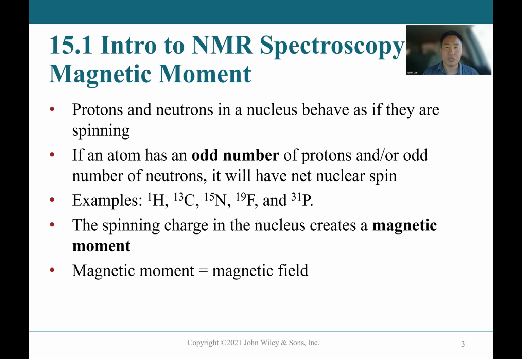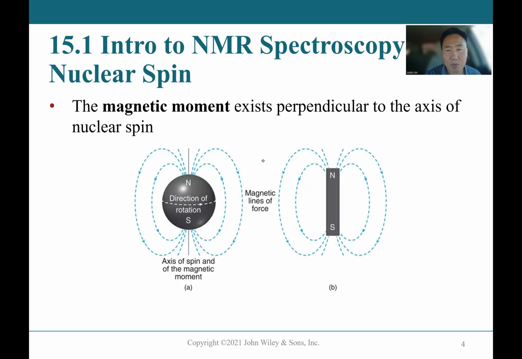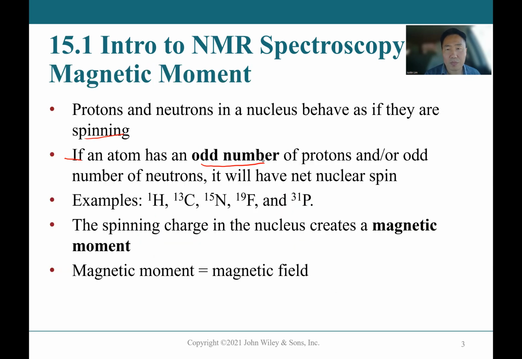Protons and neutrons in a nucleus behave as if they are spinning. If an atom has an odd number of protons and/or an odd number of neutrons, it will have a net nuclear spin.